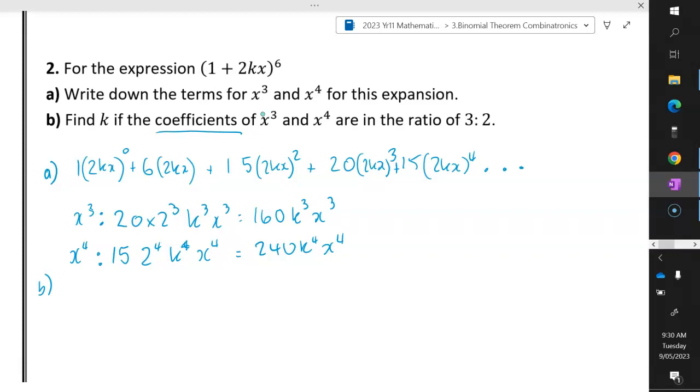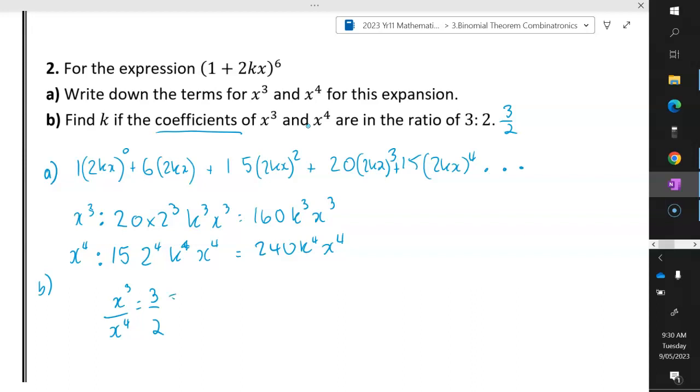So the coefficient of x cubed is going to be 160 k cubed. And when we're talking about ratios, remember we can write our ratio 3:2 as 3 over 2 if we like. I'm going to deal with it in fractions because I think that's what we're used to doing. So x to the 3 is to x to the 4 in the ratio 3:2.